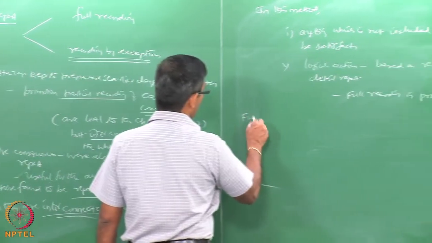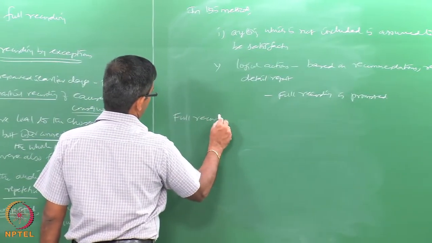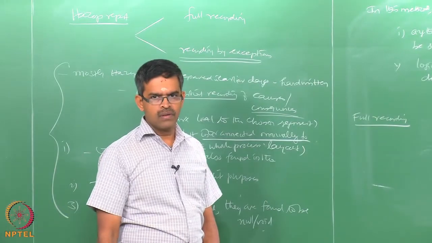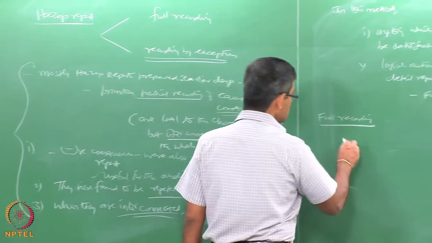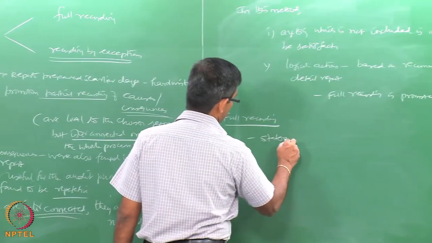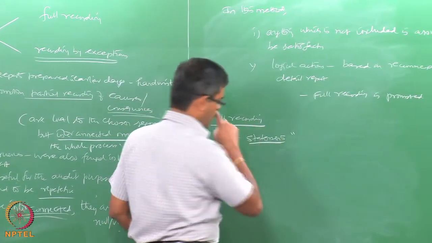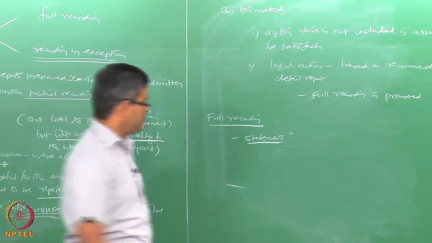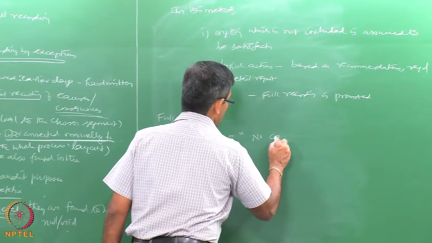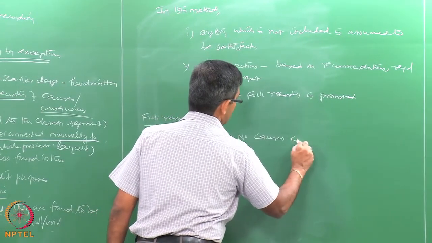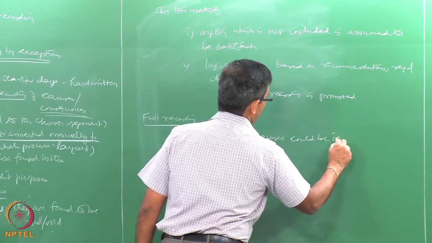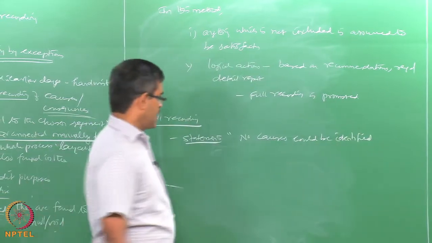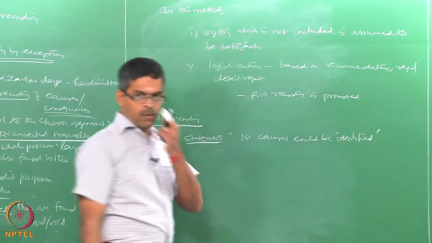Now, what do you mean by full recording? I can give an example. You will also see statements like this. If there are no causes for a given deviation, statements like "no causes could be identified" can be a statement in the Hazop report.